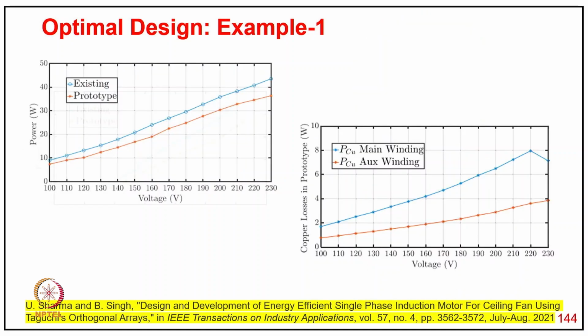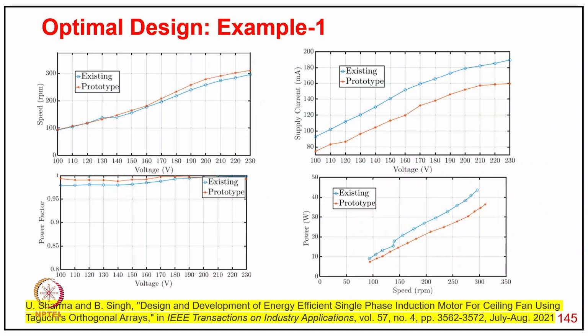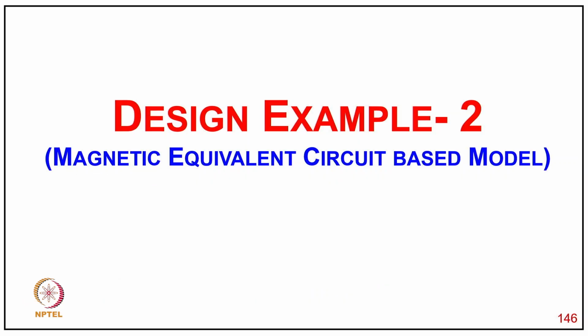And then typically the existing and prototype, how it changes. So power output with voltage, how it changes, and the copper loss in main winding and auxiliary winding, how it changes. And then with the existing and prototype, how the speed and power factor change, then your supply current and power output with the speed.